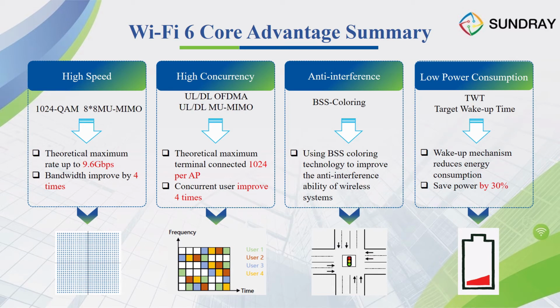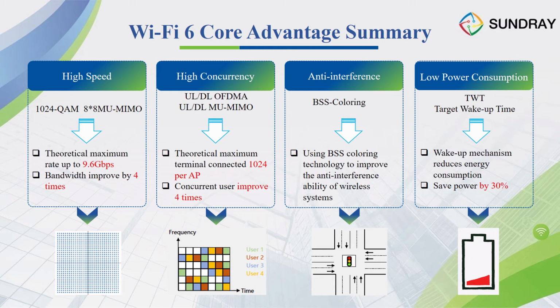The most important technologies we use to speed up this protocol are 1024 QAM and 8x8 MU-MIMO. Second is high concurrency. That means we can bring more concurrent users with better experience. And the third is anti-interference. The technology we use is BSS coloring.